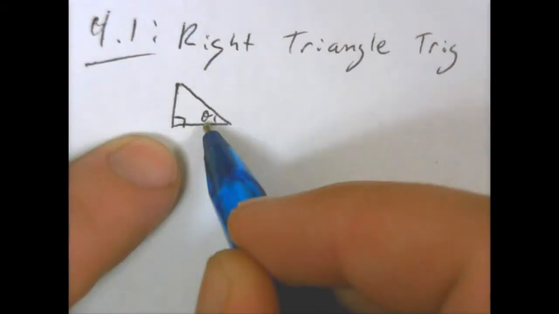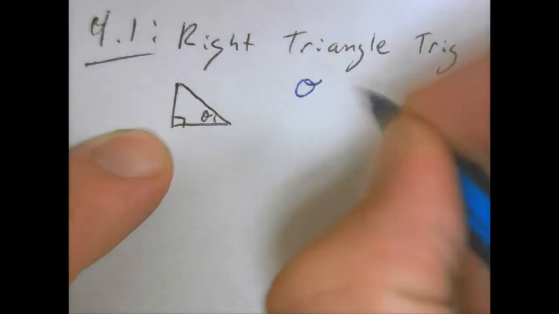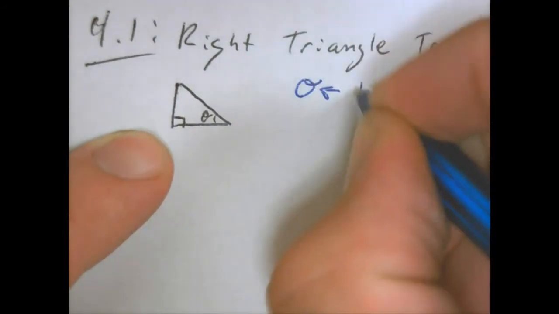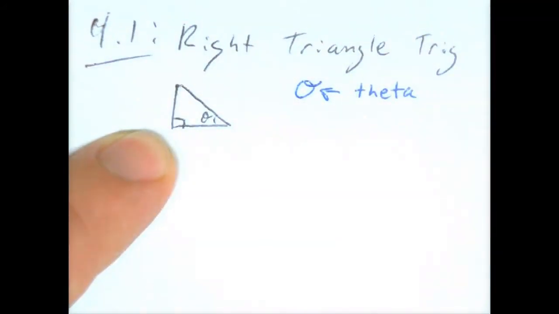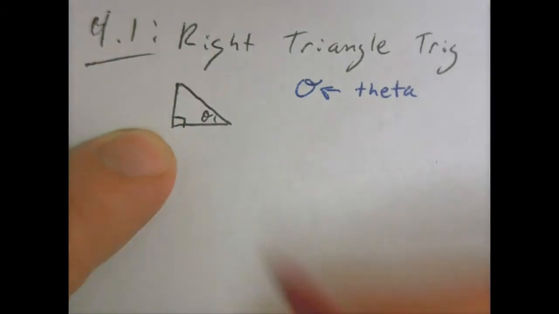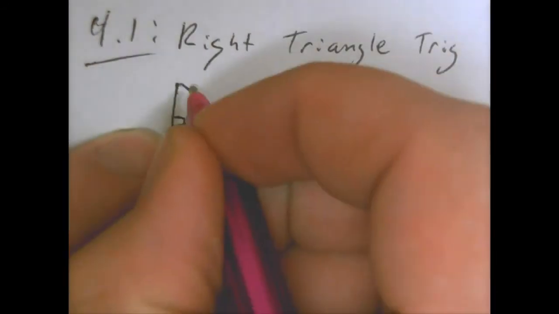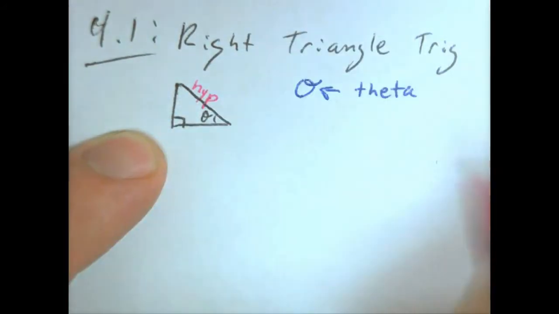This is called theta. Theta is a Greek symbol. We use it for the angle many times. It's kind of common. To label this right triangle, we have the hypotenuse, right?